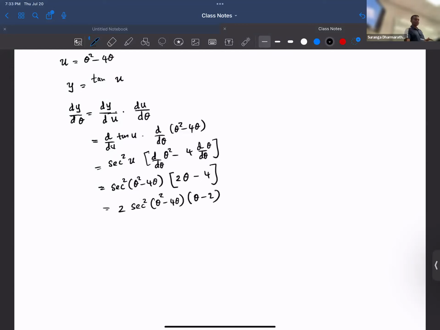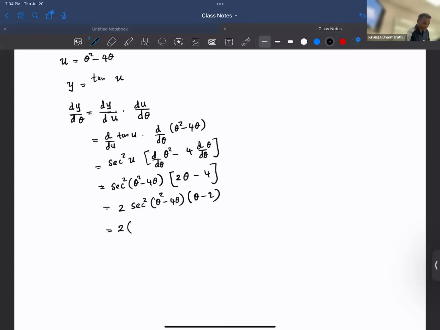Okay. The secant is only applied on this part, right? So you can take this one out. So this is the answer.